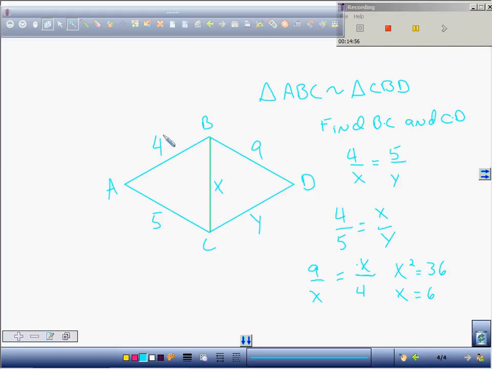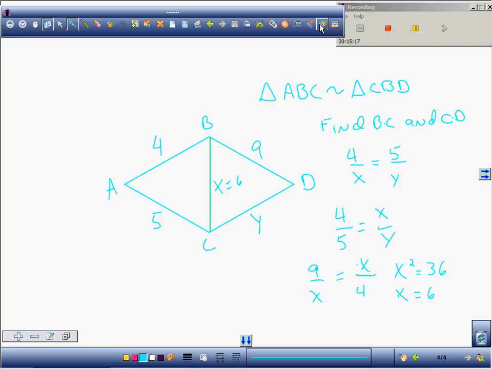Yes, Savannah. So that's kind of tricky. You understand that? Okay? Sometimes a better way to do this, probably, is to redraw the triangles, okay?